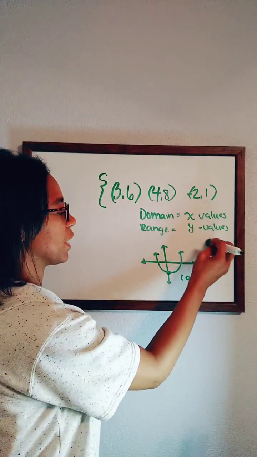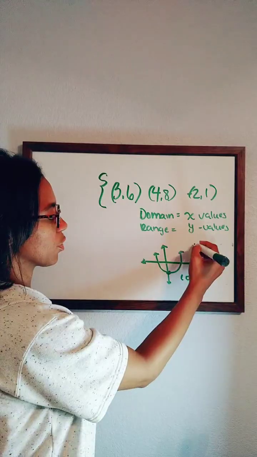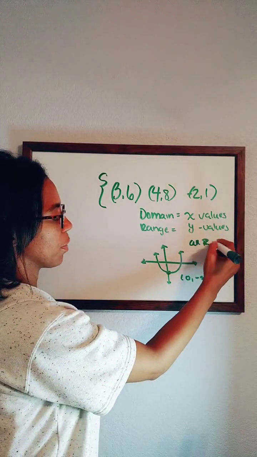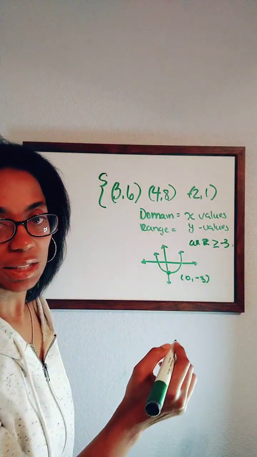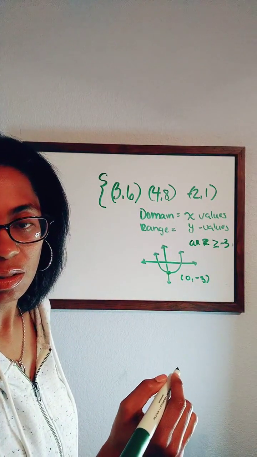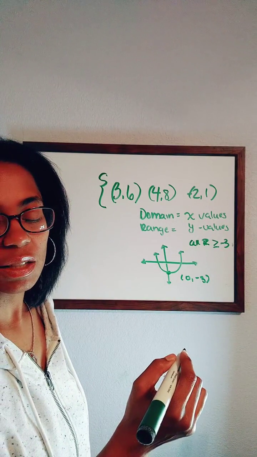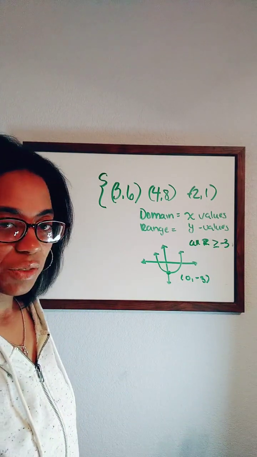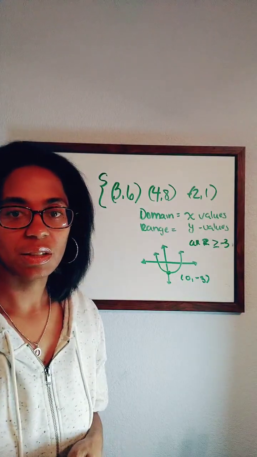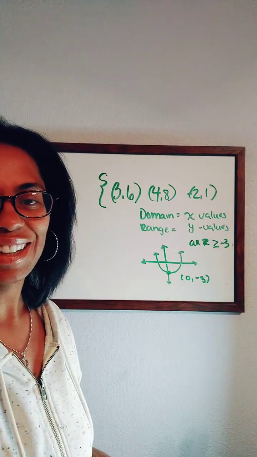So for this, it's going to be a little bit different. Because this would be all real numbers that are greater than or equal to -3. That's what that would be. The bracket means that it includes that number in the solution set. So writing functions that way is different, you said you did it this last year?